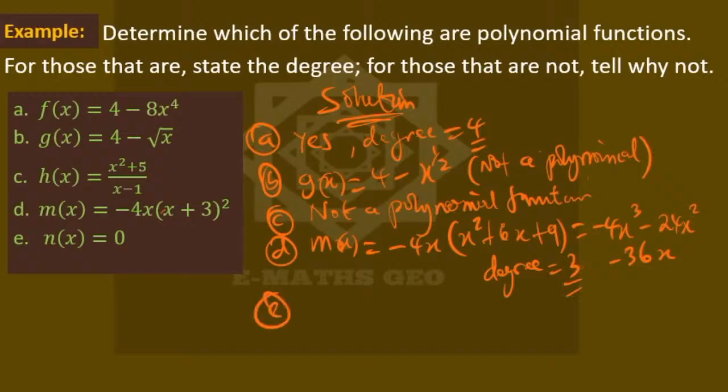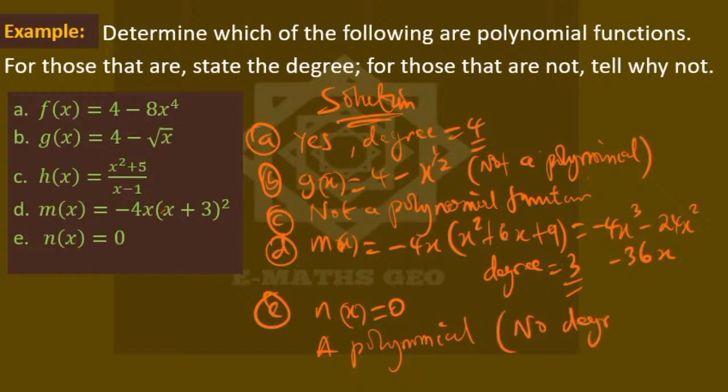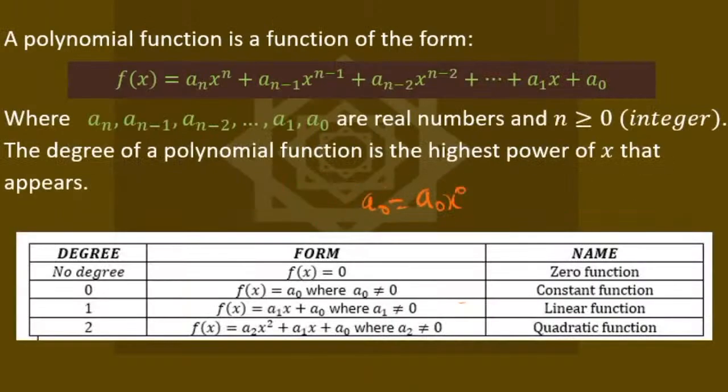Why is the last one also a polynomial? If you remember in the table, it is a polynomial, but since it's a constant that is 0, we have no degree. If it's a constant that is not 0, the degree is 0, but since it's 0, no degree, as you can see in the table. So it's a zero function, no degree.